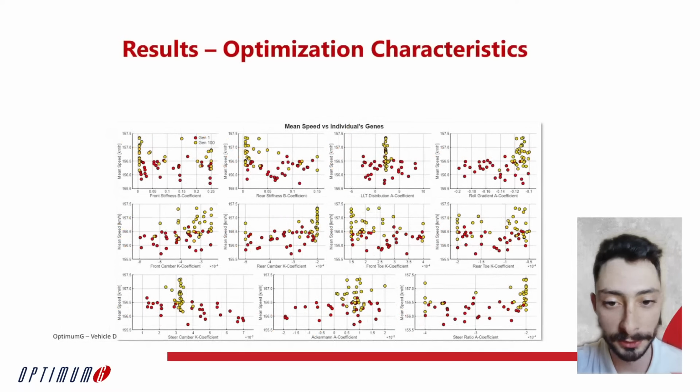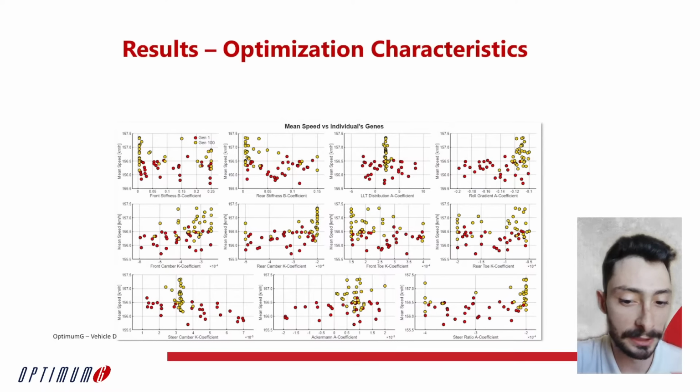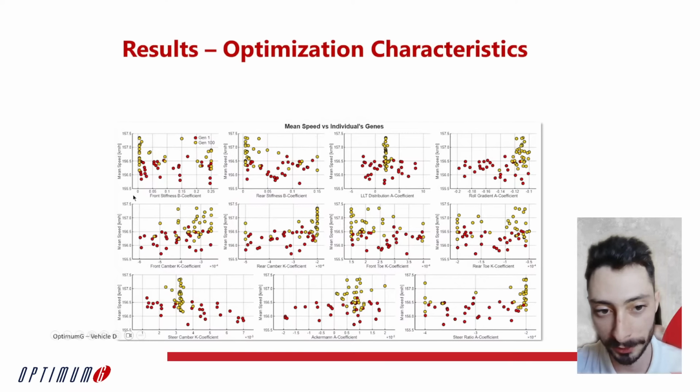The y-axis on each of these graphs is the average speed when we take the average of the speeds that each car goes over the 9 different skid pads. And the x-axis of each of these is pretty much the boundary for each kinematic characteristic of the car.